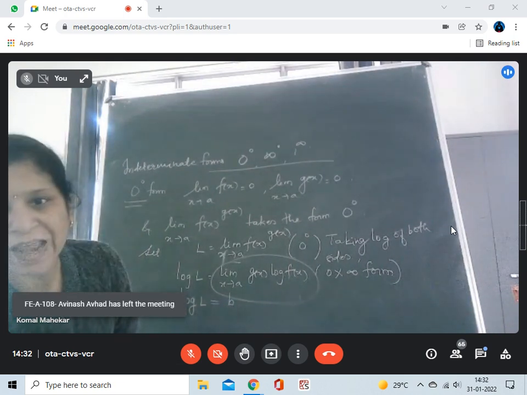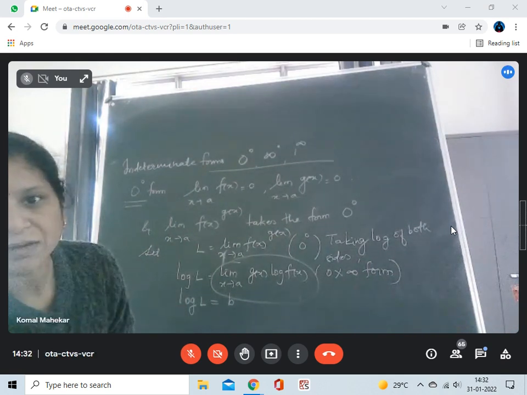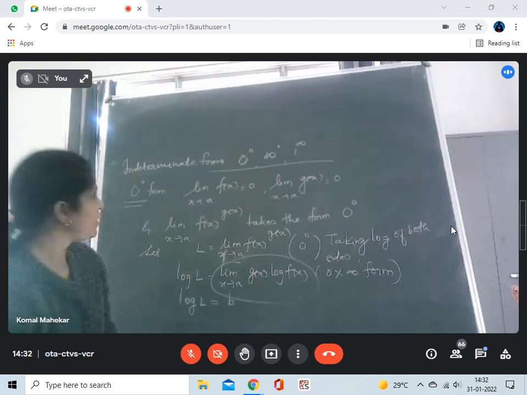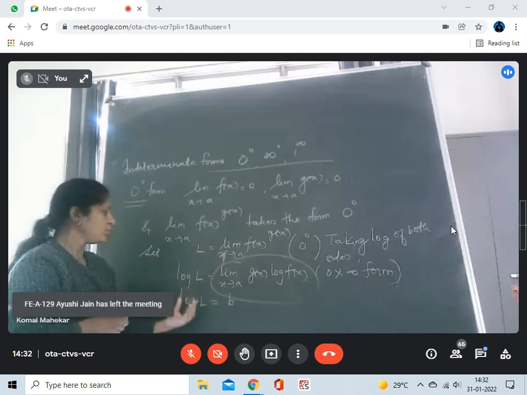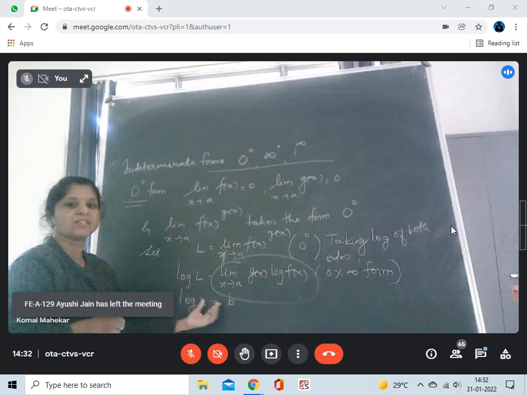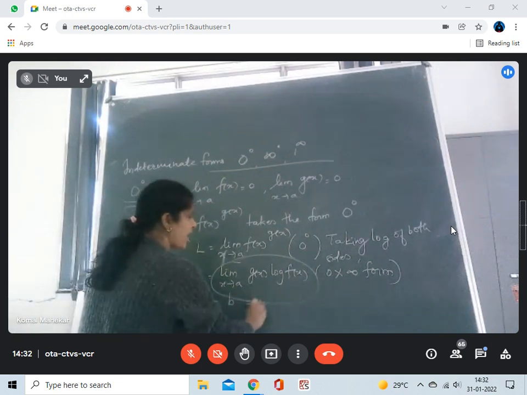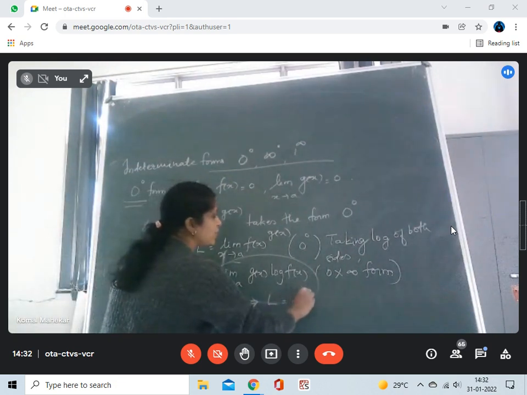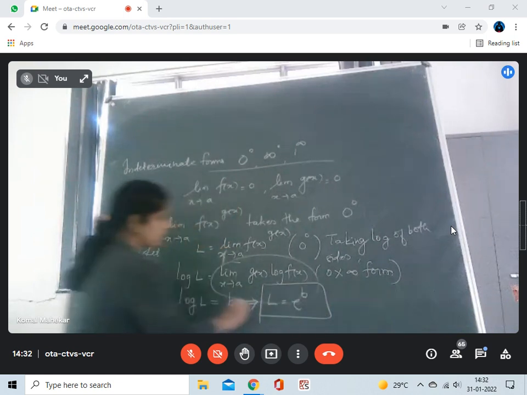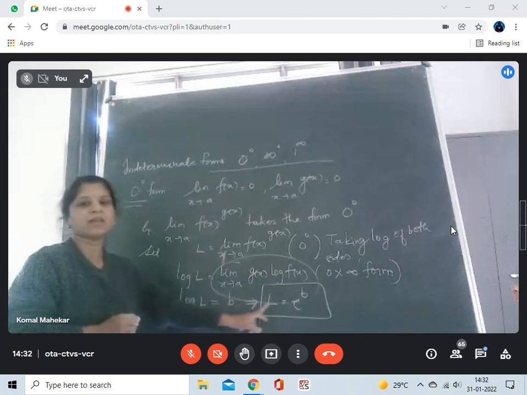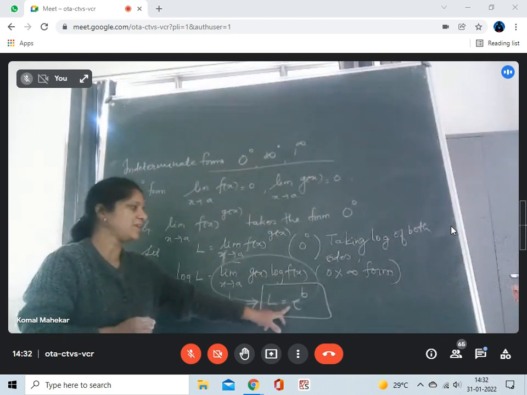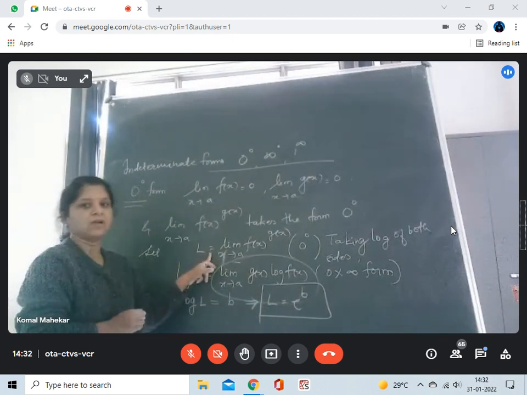From this we get the L value, because we want L, which we assumed is the limit of this function f(x) raised to g(x). From log of L equals b, we can write L as e raised to b, and this is the limit of the given function.